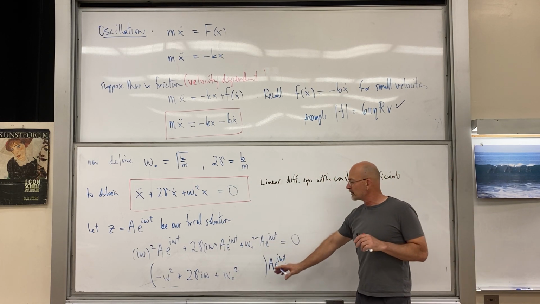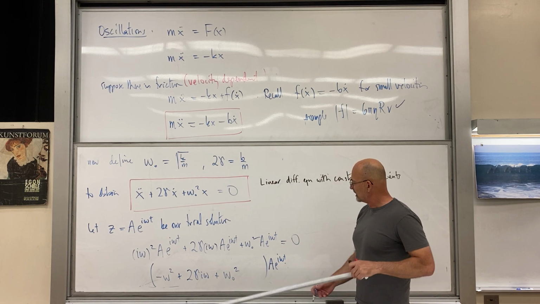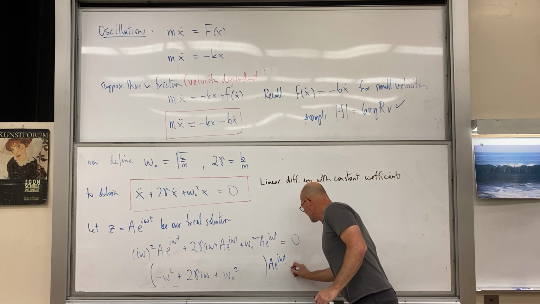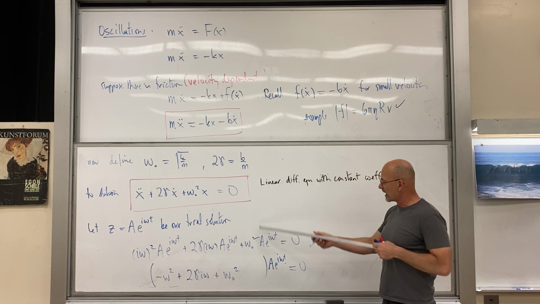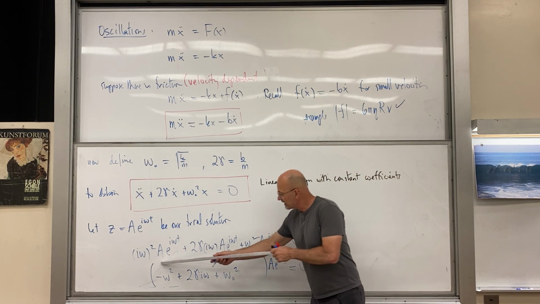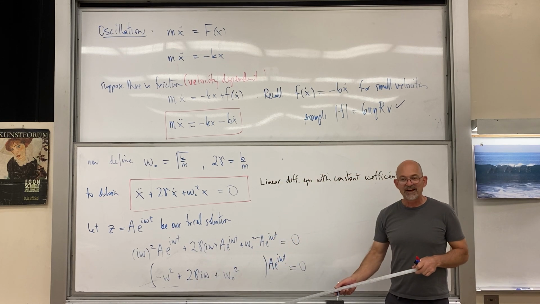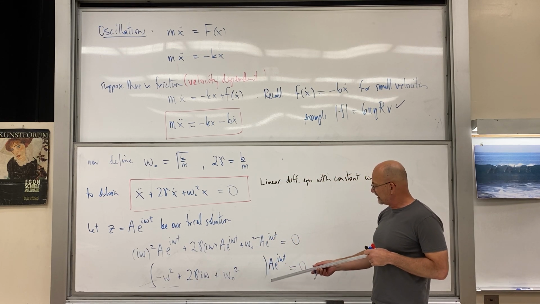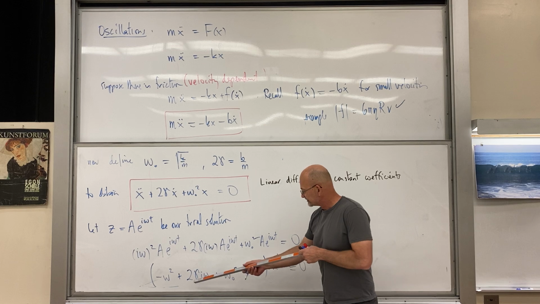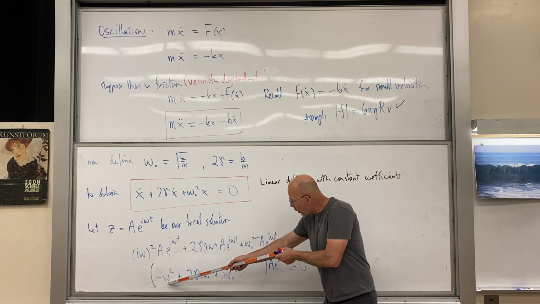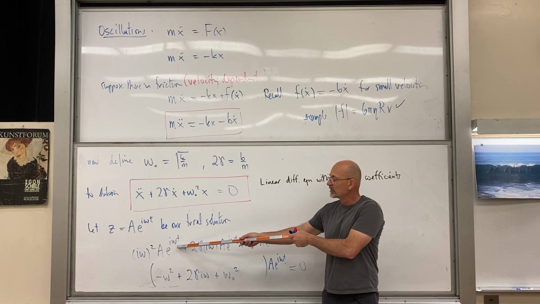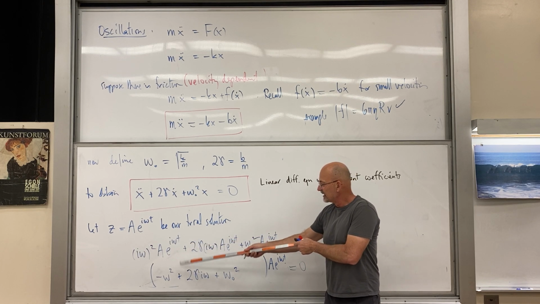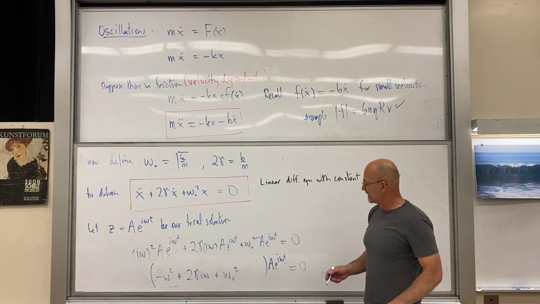Got some extra room there, but this is the end. So this is equal to 0, and so we have a solution to this differential equation when the expression in parentheses vanishes. And that means there are values for omega that we have to solve for, right? Omega was not known, we just plugged it in up there as the trial solution. Okay.